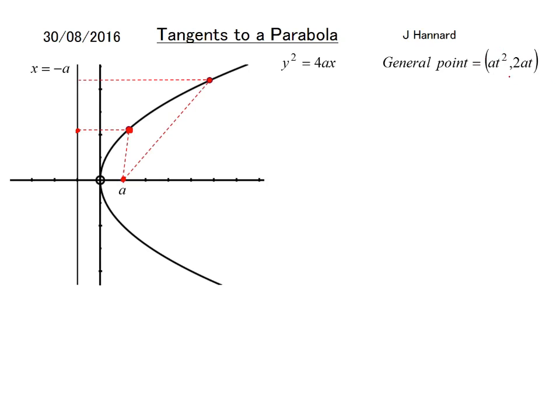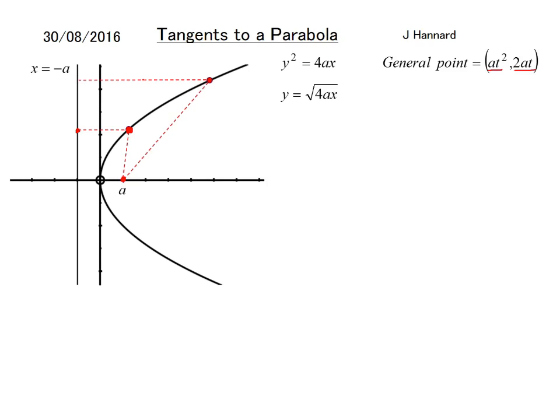I might be doing some videos on them, but for now just think of it as a's and t's, and we're going to call it (at squared, 2at). So yet again, whatever that a is will determine the general point, the equation of the parabola, as well as the focus and directrix themselves.